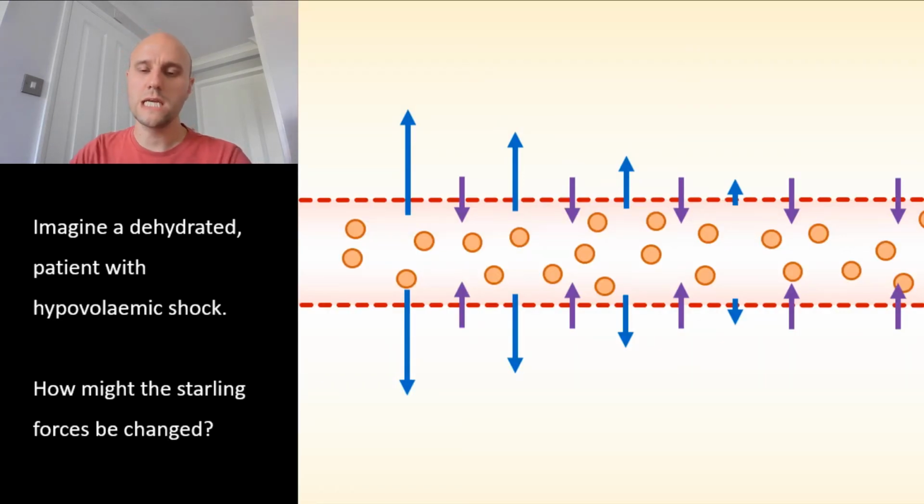So what if we consider that we have a patient who is profoundly dehydrated? Maybe it could be somebody with a diabetic ketoacidosis, or somebody who's not managed to eat and drink for days, or maybe they've had diarrhea.